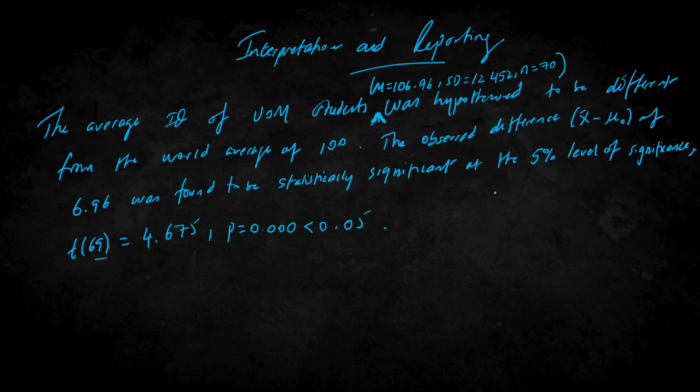Well, unless stated otherwise, we always go for 5%. But if there are some reasons to use another significance level, then definitely you specify it here. Right. So that's basically how you would interpret the one sample t-test results.